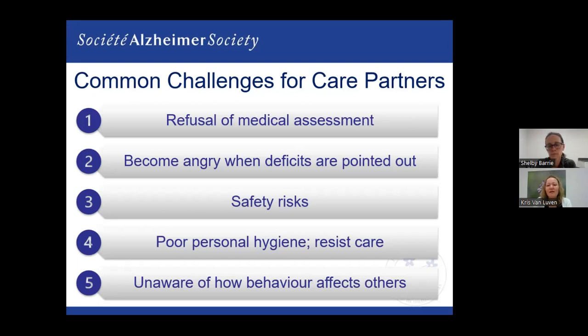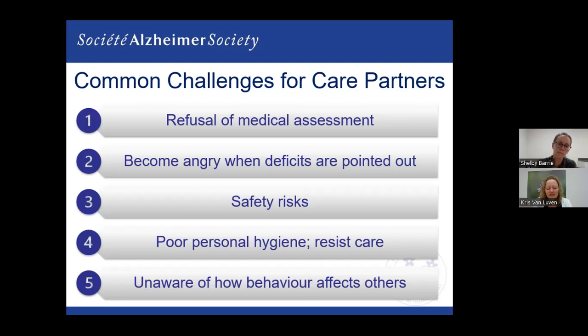Or for somebody that was an avid hunter, have used guns for many, many years, they may still believe that they have the skill set to use that firearm safely, when in fact, those skills have been lost or they've changed over time due to their dementia. So that puts them at a greater risk when it comes to accessing firearms.